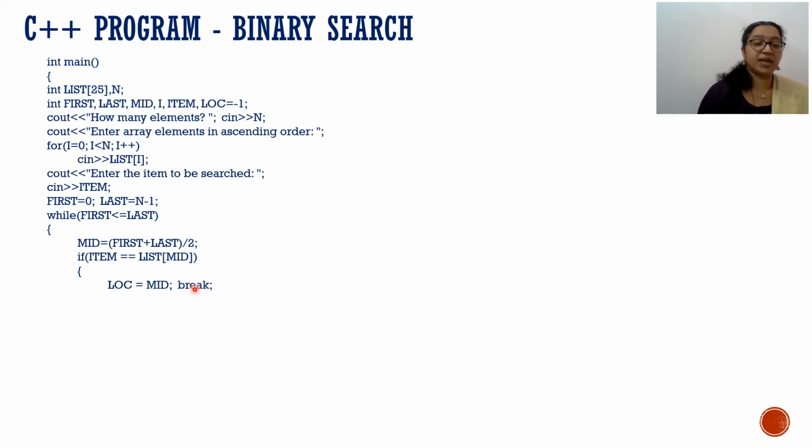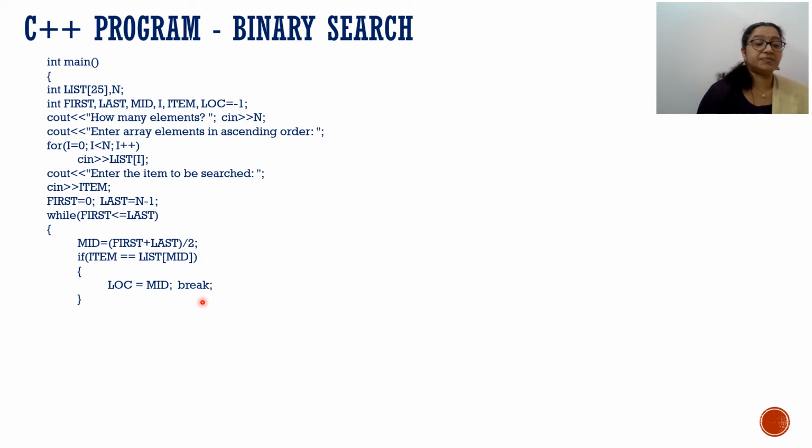Then we break. Break means we exit from the loop. So that is the first checking here: if item is equal to list of mid, the middle element we got. If it is equal, we got the location and we can exit from the loop.